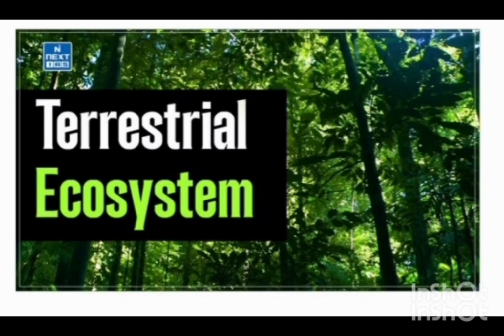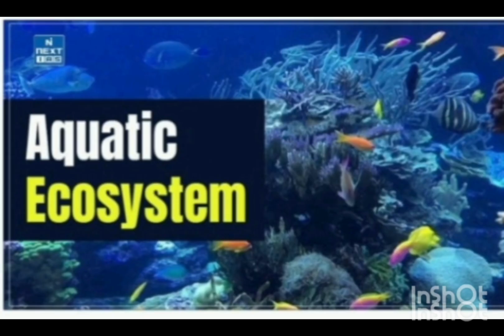There are different types of ecosystem. The first category of ecosystem is terrestrial ecosystem. So what is terrestrial ecosystem? The ecosystem that is mainly observed in land area is called terrestrial ecosystem. Now the second type of ecosystem is aquatic ecosystem. So what is aquatic ecosystem?